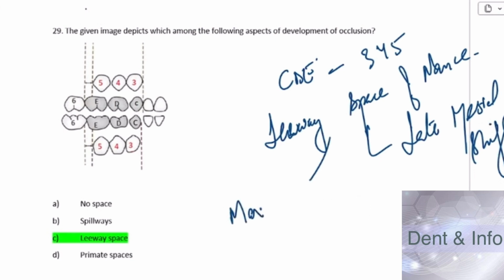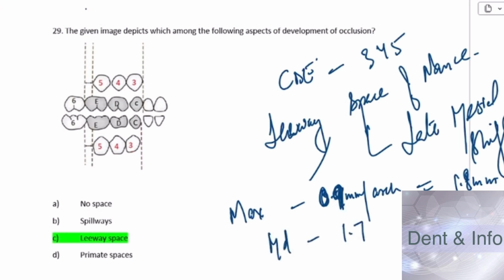It is less. That is 0.9 mm per quadrant, 1.8 mm per arch. So in total maxilla it will be 1.8 mm. This is 0.9 mm. And in mandible it is 1.7 mm, almost double, per quadrant.